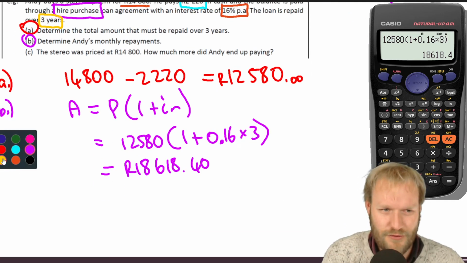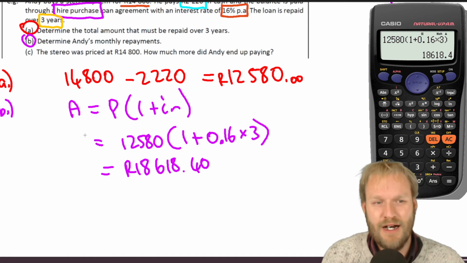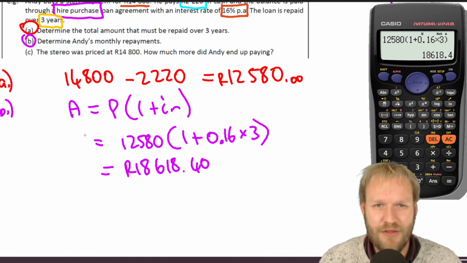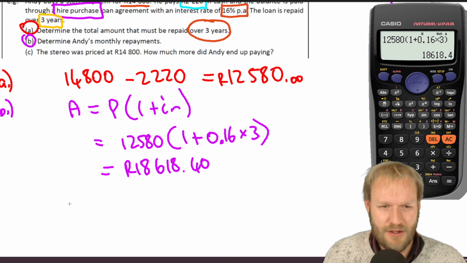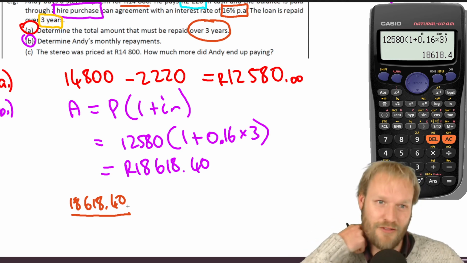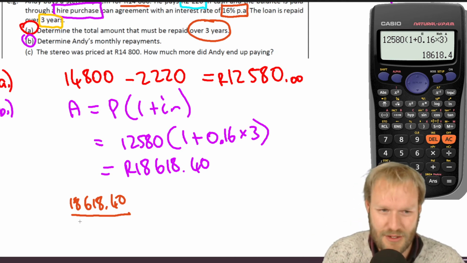Now, question for you. How much does Andy have to pay every month and how are you going to work it out? Okay, well, this is being repaid over 3 years. So we're going to take that amount, 18,618,40, and we're going to divide it by the number of months because it's monthly repayments. 3 years, 12 months in a year.